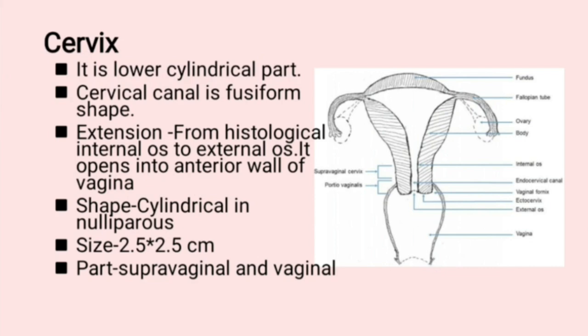The shape is cylindrical in nulliparous women, and the size is about 2.5 cm in length and 2.5 cm in breadth. The cervix has two parts, one is supravaginal and the other is vaginal part.